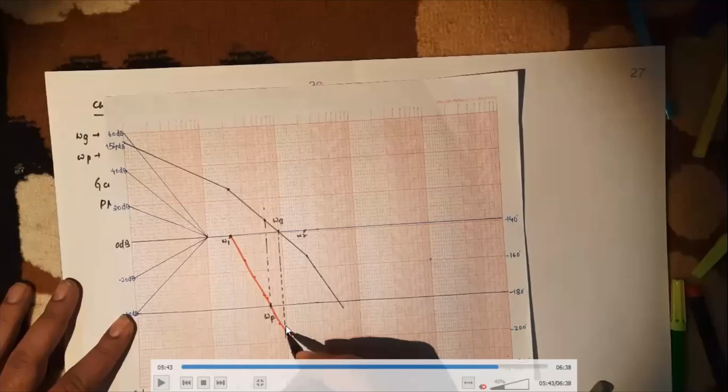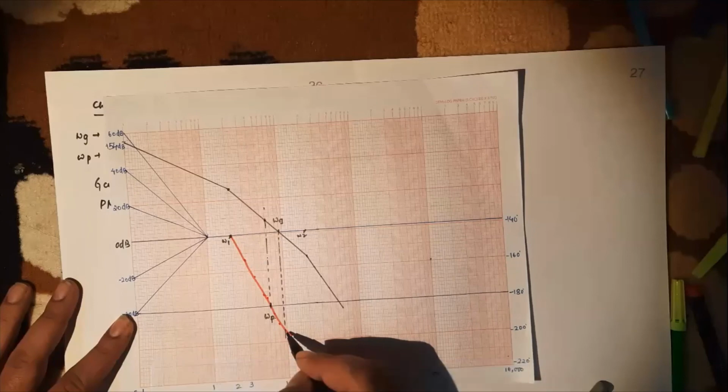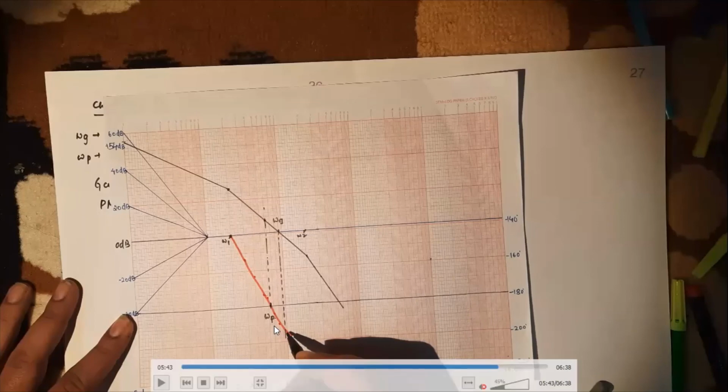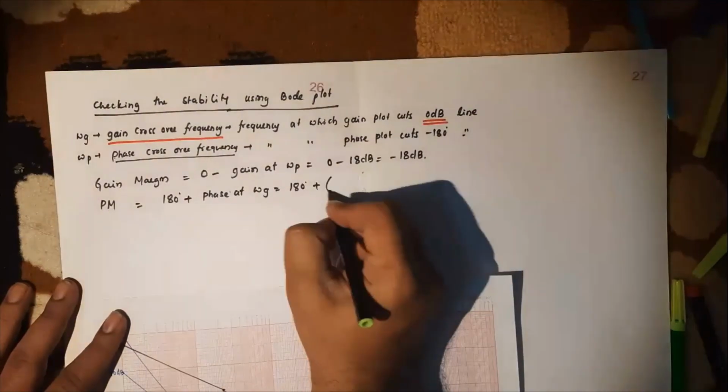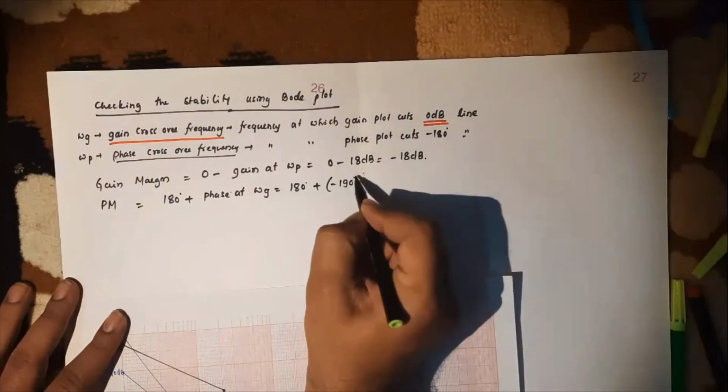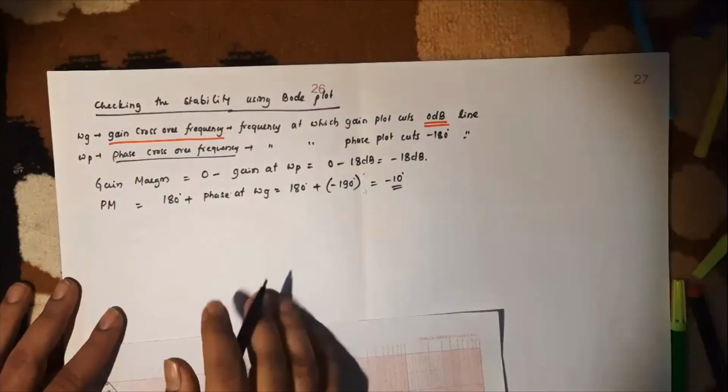So at omega g, it is around, say, minus 190 degrees or minus 195 degrees, approximately. So this is the phase angle at gain crossover frequency. What is the phase margin? Phase margin is minus 10 degrees.